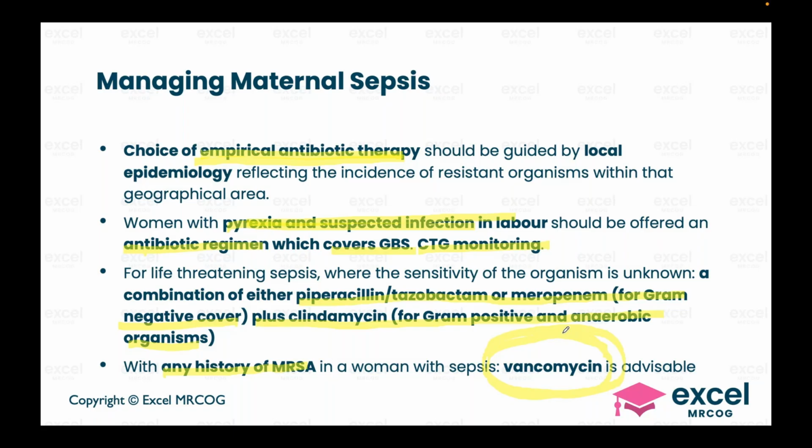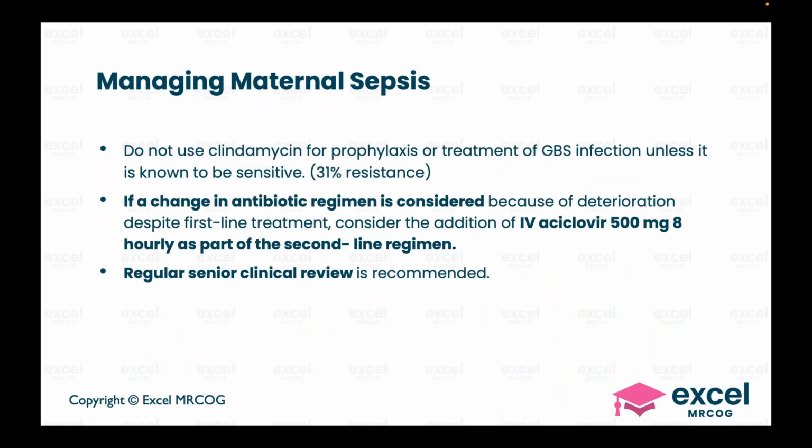Then what is mentioned is, if there is GBS infection, do not use clindamycin for prophylaxis because the resistance is rising, 31% resistance, which is quite high, about one third. So if you have not done sensitivity, don't use clindamycin. If you have done sensitivity and you know it is sensitive, then you can use clindamycin. So if you're suspecting GBS, do not use clindamycin. You can use other antibiotics.